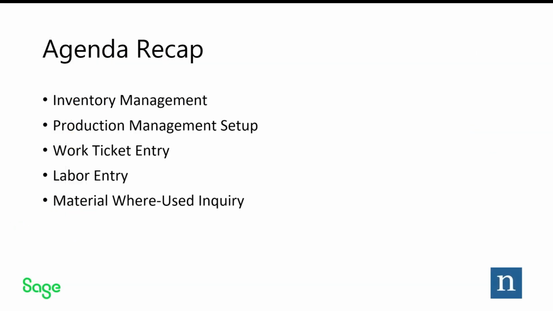Okay, as a recap of our agenda, we talked about changes in production management that have impacted inventory management for item maintenance and item inquiry. We went through some production management setup and talked about new options that are there.